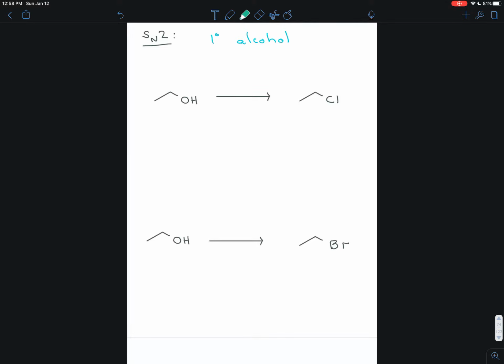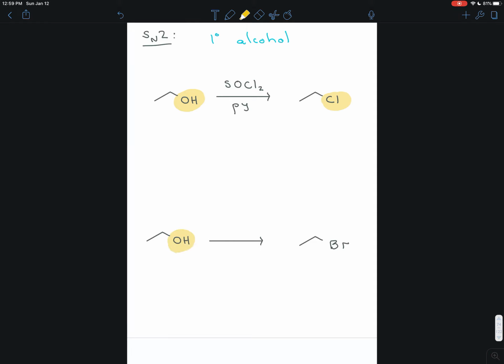If you want to replace a primary OH, primary alcohol, with a Cl, the reagents you want to use are thionyl chloride, SOCl2, and pyridine. Now, like I said, we're going to unpack all of that in just a second, but I'm just introducing it right now.